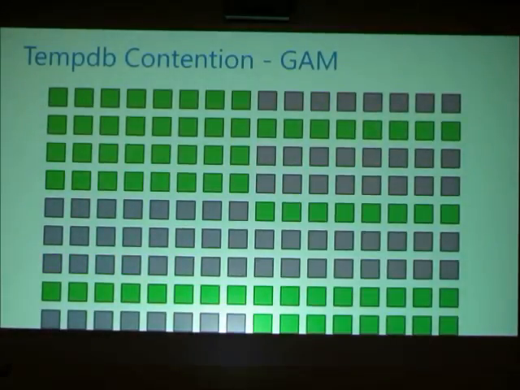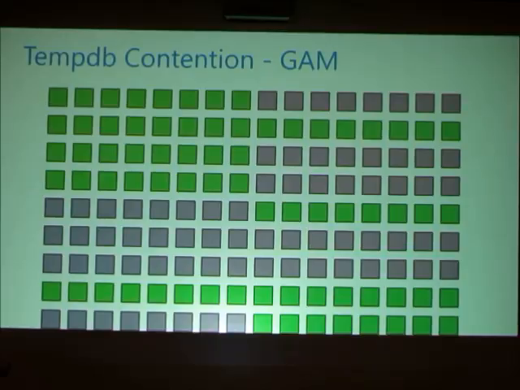All right. Here's how the contention works. Tempdb is a regular database. Databases have two kinds of files, data files and log files. The diagram I have up here is a data file. Our data files in this database and every other database are split into 8 kilobyte sections.